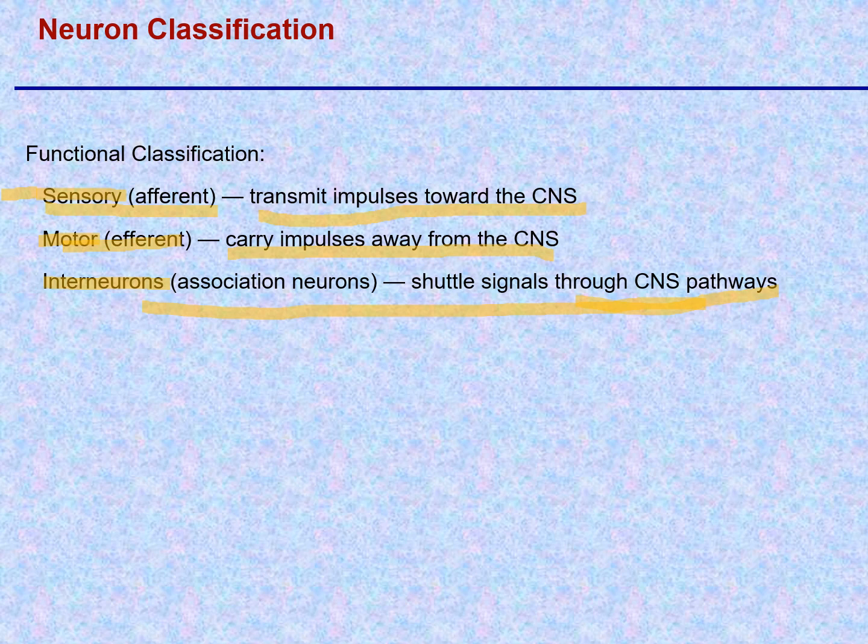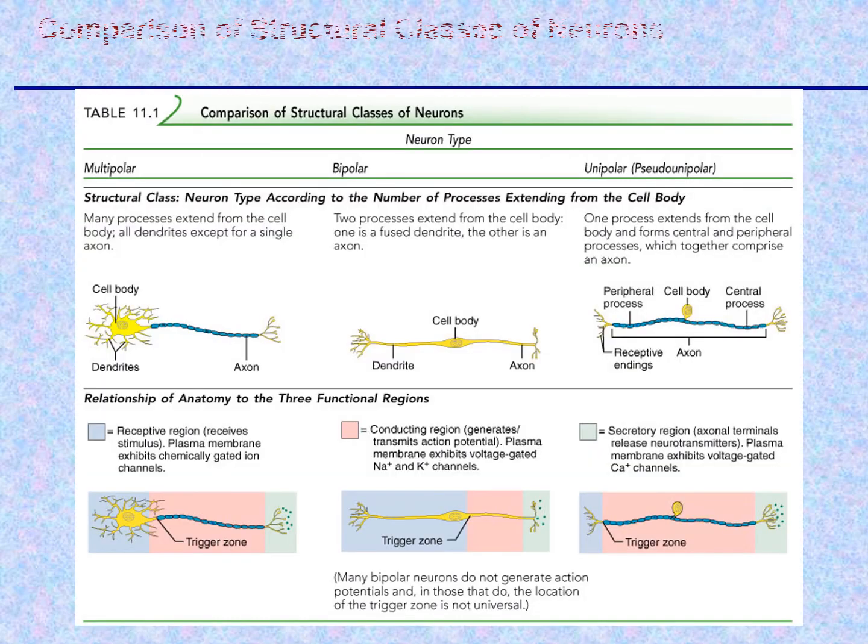So for structural, we had multipolar, bipolar, and unipolar, and then for functional classification, sensory, motor, and interneurons. And here you see a table showing a multipolar type of cell with the cell body and its nucleus and many dendrites carrying incoming signals to the neuron, and then a myelinated axon that sends impulses out.